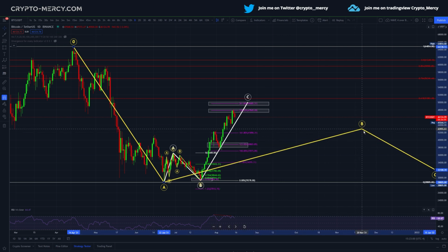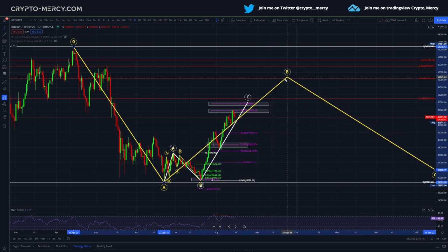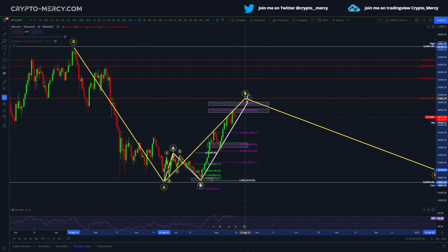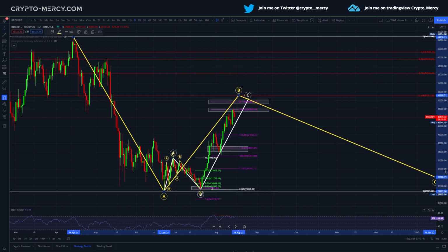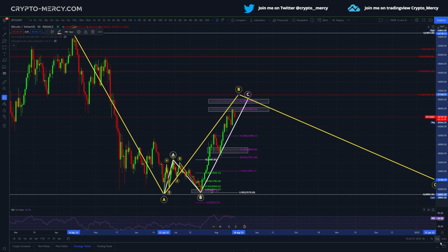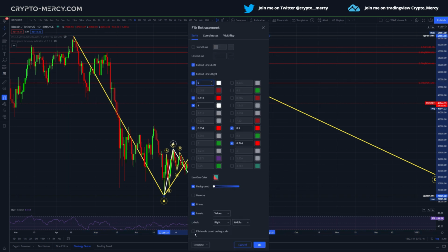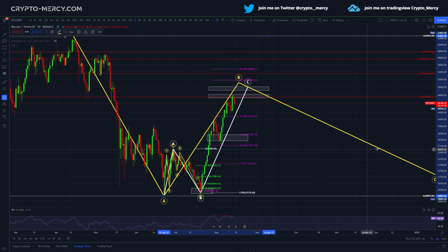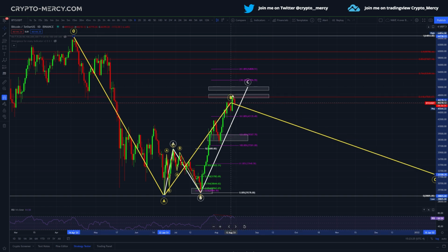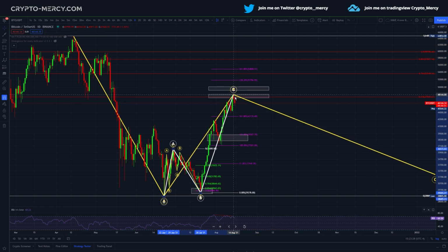The next probable fib for this B wave would be the 0.618, but an important thing is that it is possible, if I go on the log scale, I will show you, and I will click on my fib level based on log scale right here. We are right on the 0.618, the golden fib, and a probable target for a B wave.